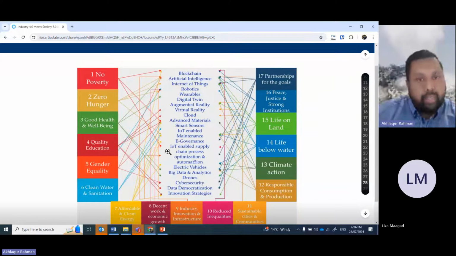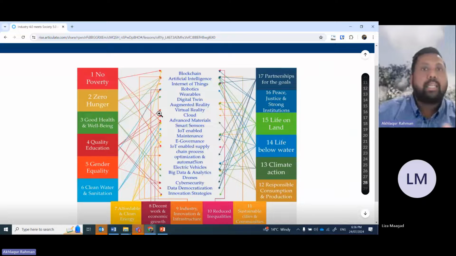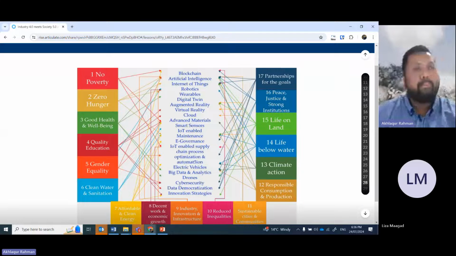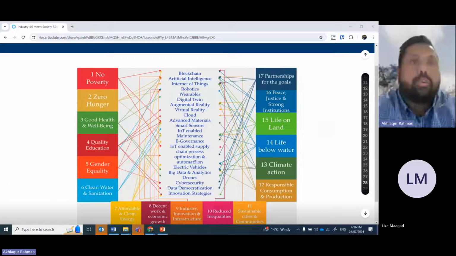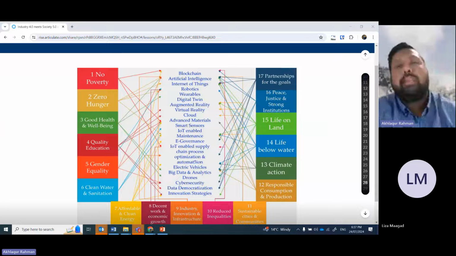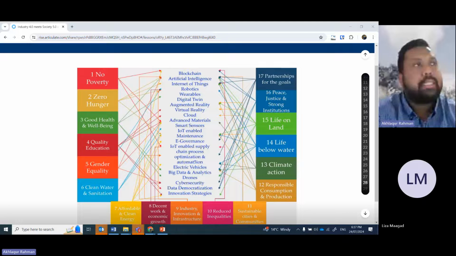I'll write it in the chat box as well: SDG, which is Sustainable Development Goals.